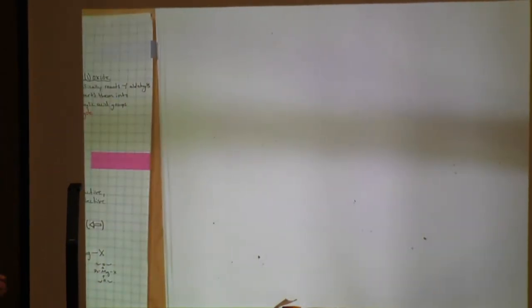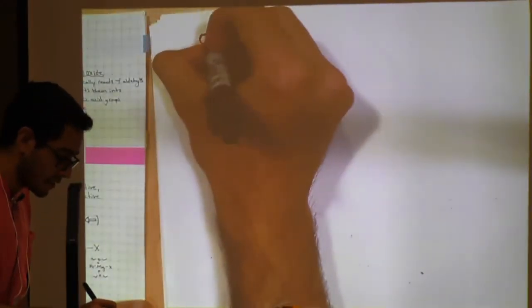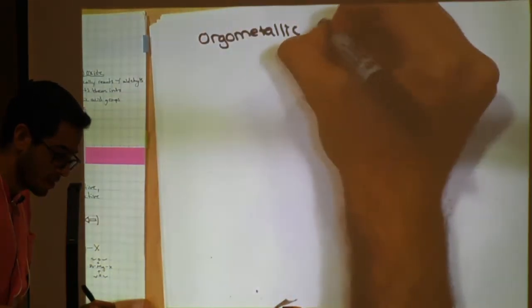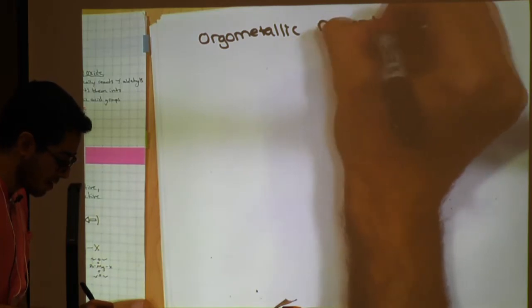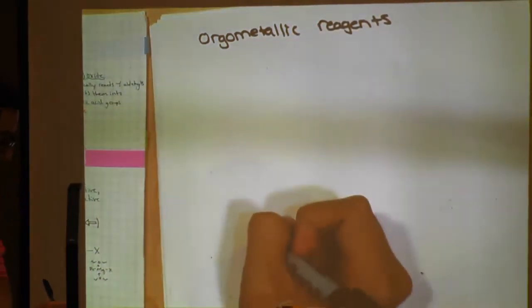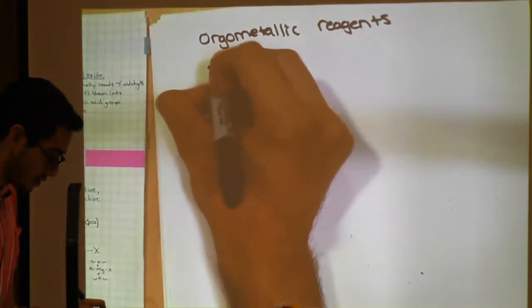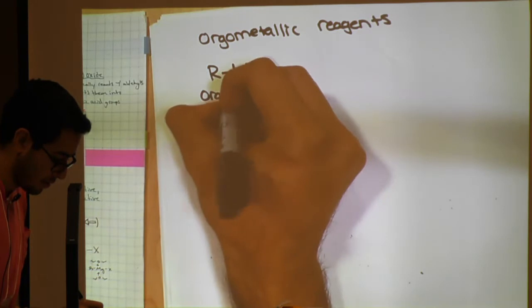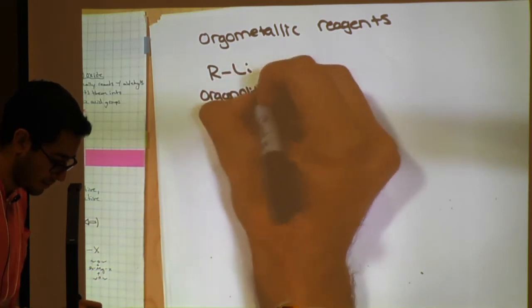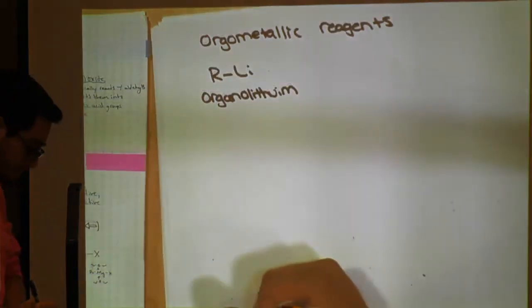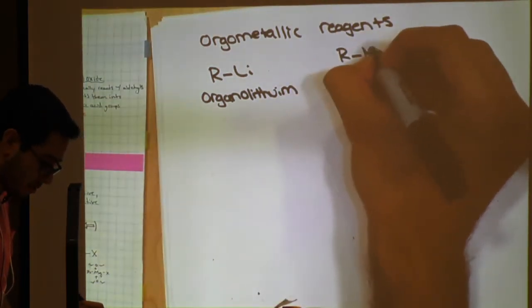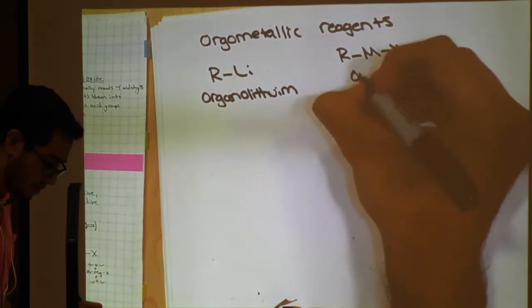So now all we got left of 20 is organometallic reagents, right? Out of our organometallics, we got pretty much the simple ones. We got R groups attached with lithium, which is intuitively organolithium. You have RMgX, which is organomagnesium.